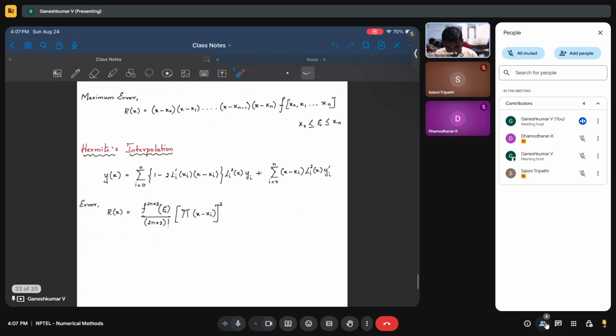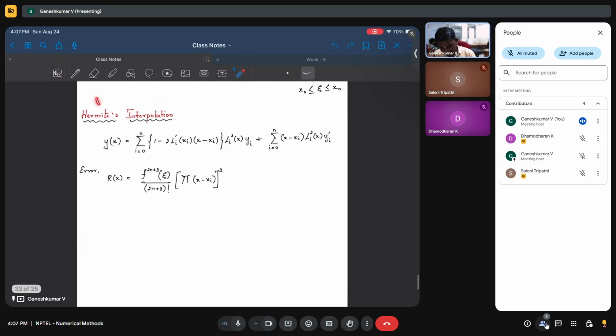And then finally we also saw Hermite's interpolation formula. The additional thing is that it also requires the derivative at those data points. So let's say you have 4 data points, x and y, and if you also know the derivative at those 4 points, then your interpolating polynomial can have a higher degree.